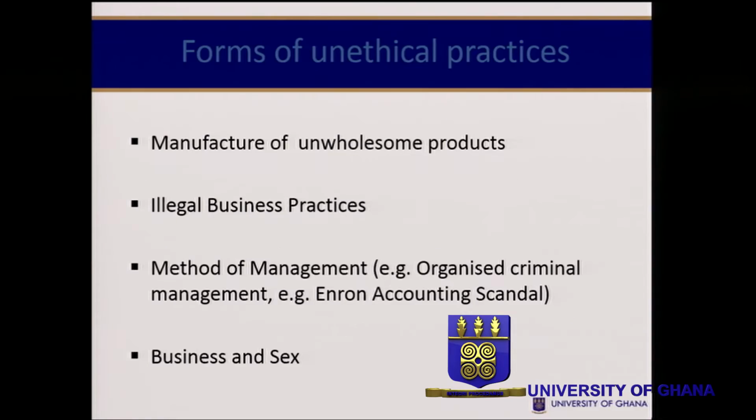Besides the Enron scandal that we talk about, there are several instances in Ghana where, as a result of collusion between tax collectors and those who are supposed to pay tax, businesses engage in that to evade what? Tax. And that constitutes an unethical business practice.